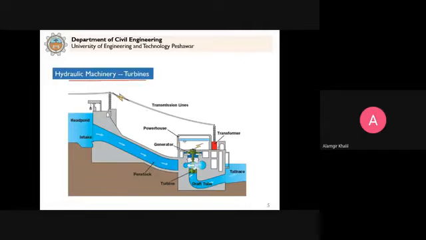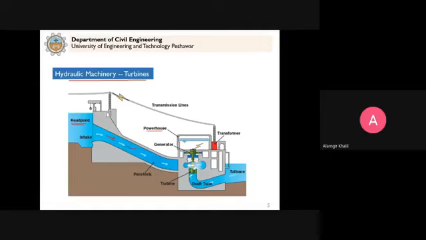In this case, you can see that we have a powerhouse. We are generating electricity from flowing water. So we have a head pond, or we can say a reservoir or water storage. From there we supply the water. This is known as the penstock.